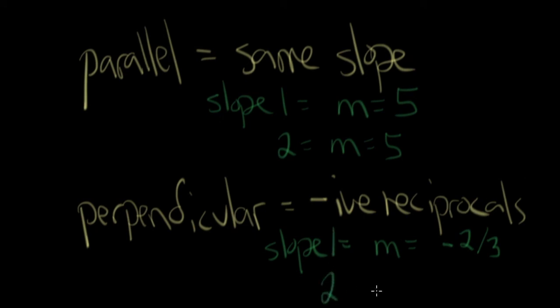Slope 2, if you wanted to be perpendicular to that slope, you would have to flip it and change the sign. So that's the kid version. Flip it and change the sign. So I'm flipping it, 3 over 2, and I'm changing that negative to a positive. So these slopes would be considered perpendicular. So if these m's are like this, that's perpendicular, and these would be considered parallel. Okay, I didn't really want to talk about that, but since it kind of came up, I did.